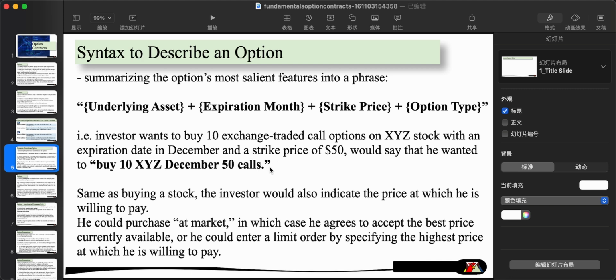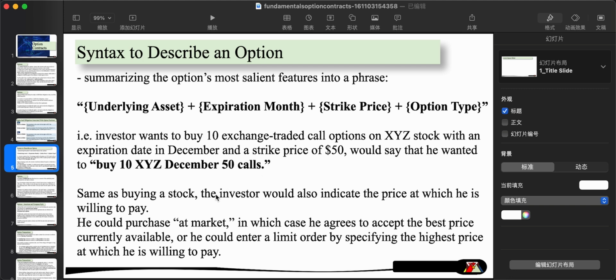I don't expect you to understand immediately, but given some time, you will get used to it, because we option traders use it on a daily basis. We say buy 10 AAPL, for example, November 120 calls, etc. There will be other jargon in the future, and we will be talking about it.